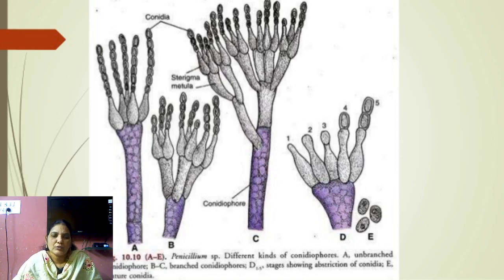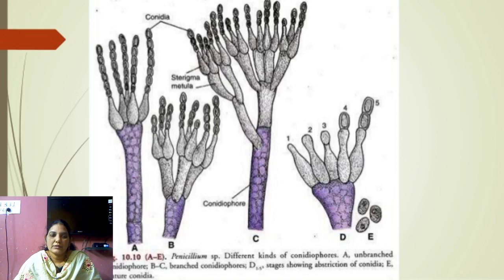The second diagram is biverticillate. The conidiophore is divided into branches, that is the C diagram. The conidiophore divided into two branches is called biverticillate. Next, the multiverticillate picture: the conidiophore is divided into many branches.